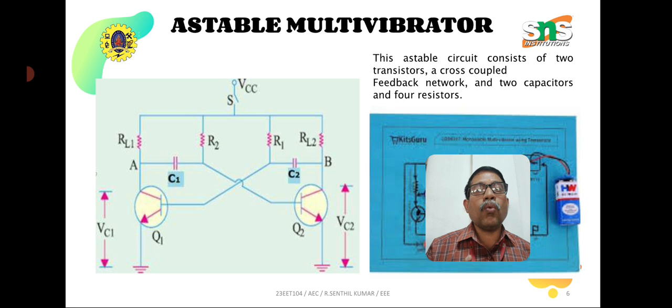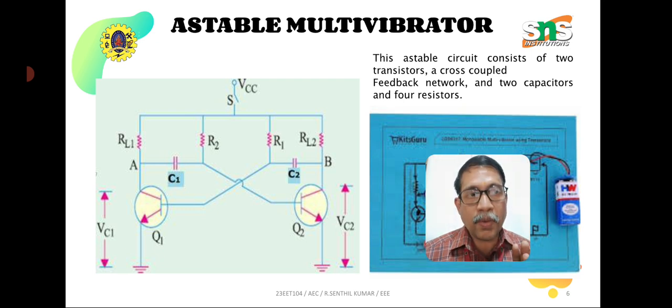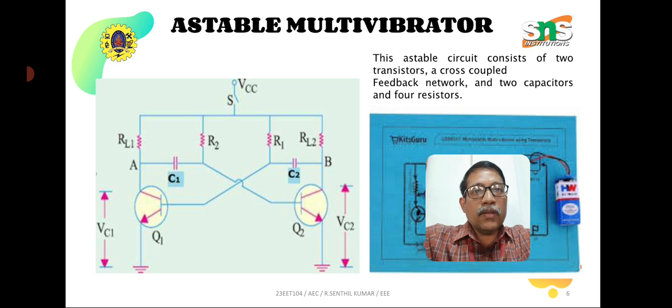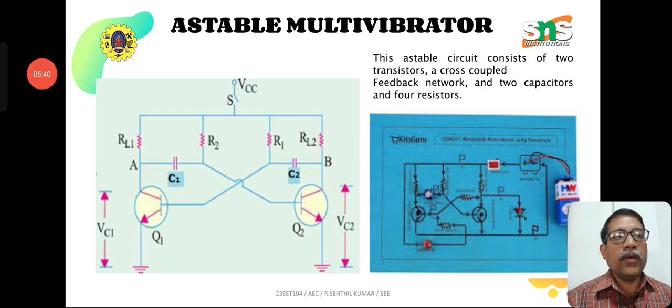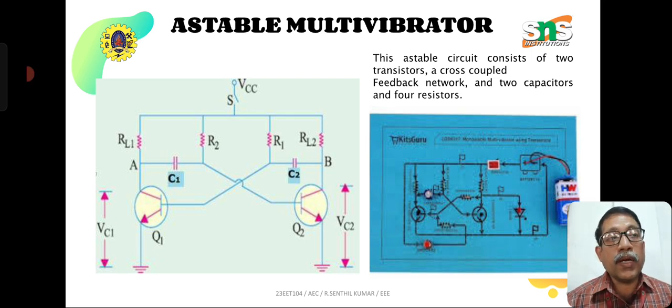The transistors Q1 and Q2 will operate in such a way that they are either in saturation condition, you mean on condition, or in off condition, you mean cut off region. The operation of an astable multivibrator will be detailed in the next video series.